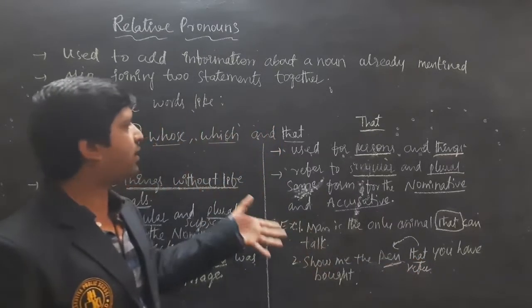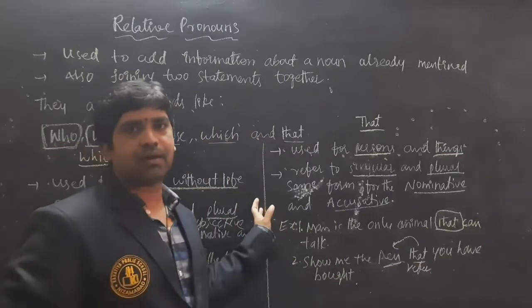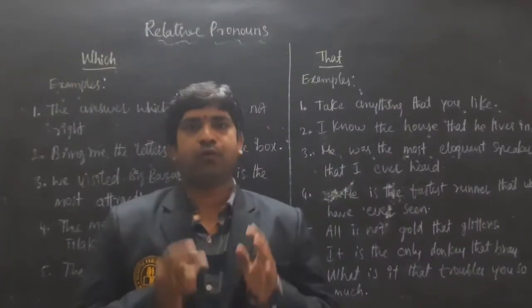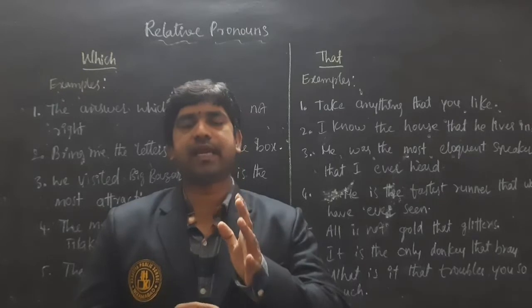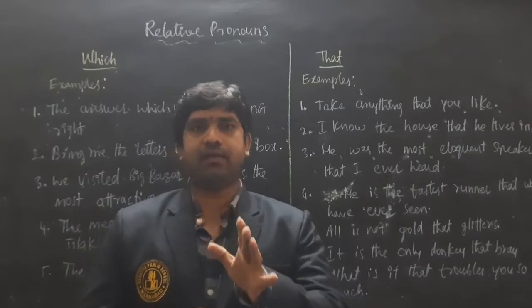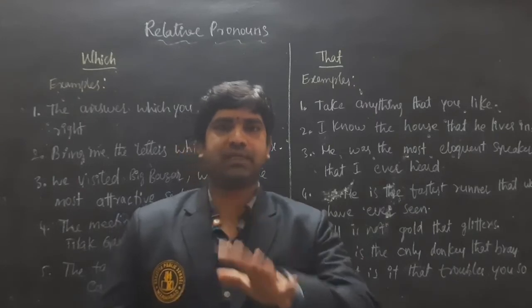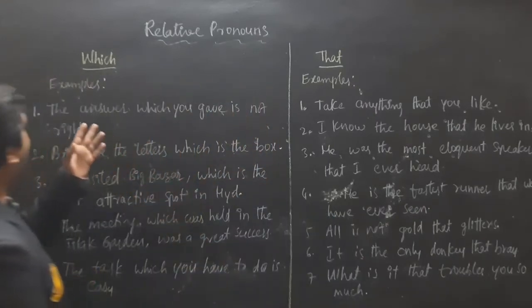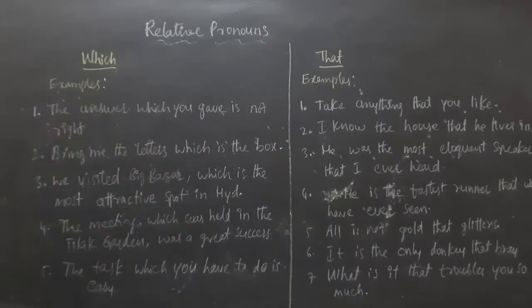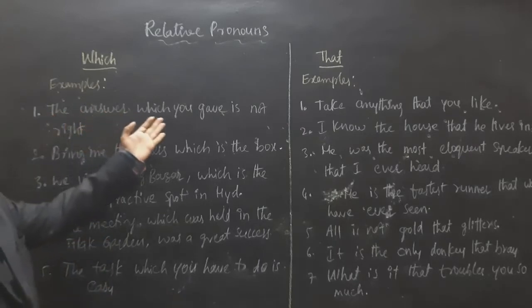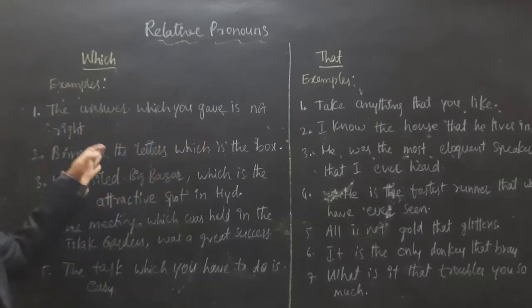Let's see a few more examples to understand the concept well, how to use which and how to use that. See the examples with which. The answer which you gave is not right.